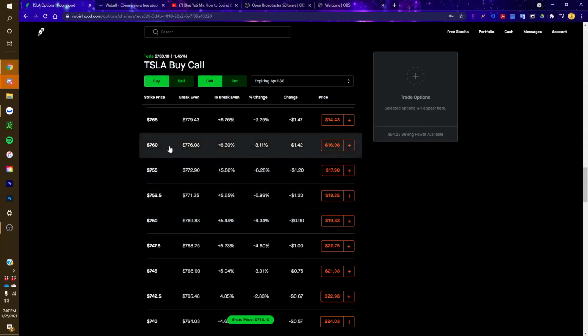So whoever's issuing this contract at $760, if Tesla was to close at $780 on April 30th, a person could execute this option contract and have the right to buy 100 shares of Tesla stock at $760, which is lower than the current price because they got this option contract. That's why options can be so valuable, because it's giving people the right to buy 100 shares at a certain price, which you can't do otherwise.